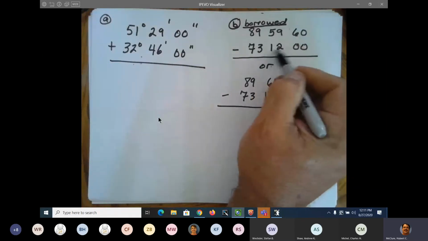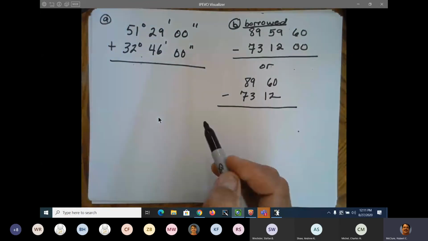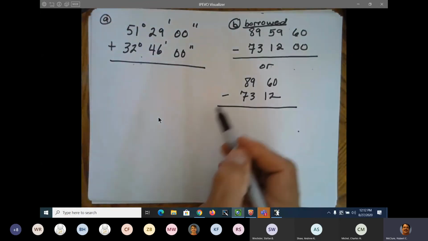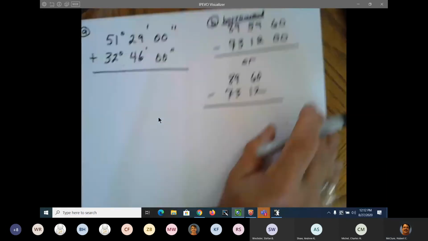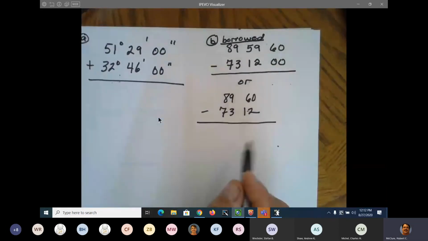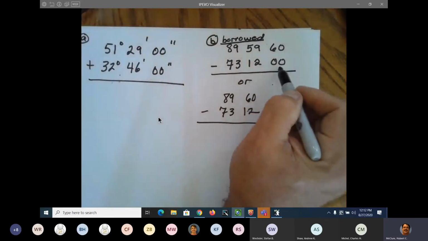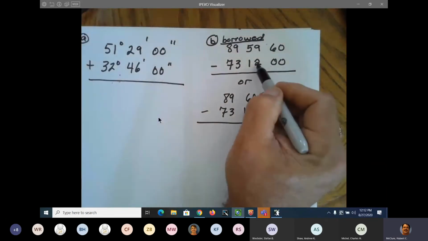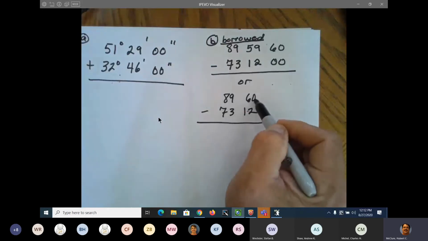You can't take 12 away from 0. So you have to change it into a minute. And you can either do it this way or you can do it this way. Here, there's an extra step at the end. You're going to have 60 seconds, which equals a minute, which bumps this one up. Or you can just cut the seconds out and just write it as minutes.